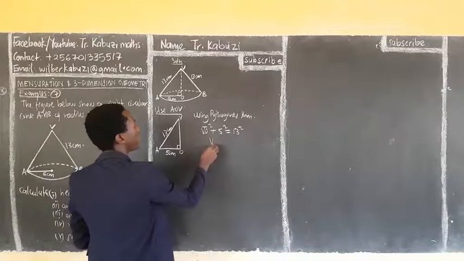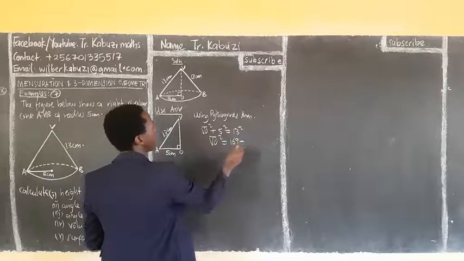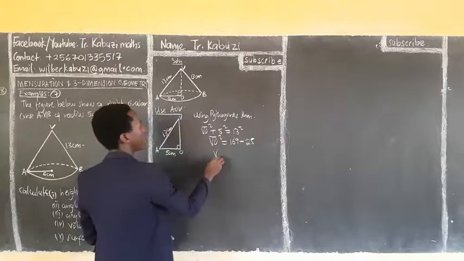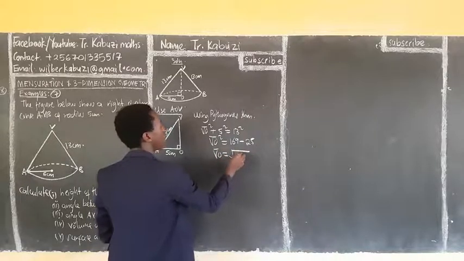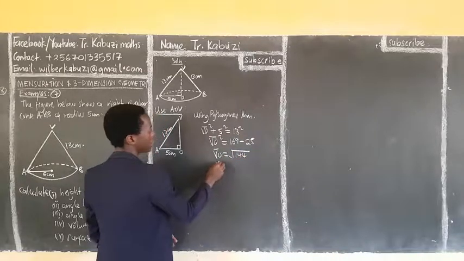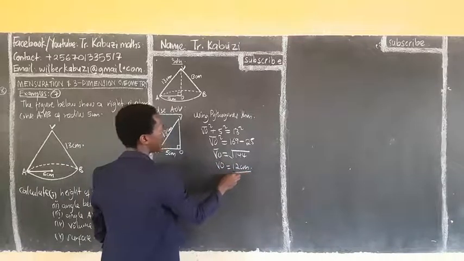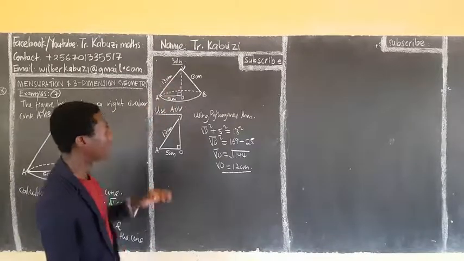Then this VO squared is going to be 169 minus 25. And so your VO will be the square root of 144. So now your VO is going to be 12 centimeters. Meaning that our height is 12 centimeters.